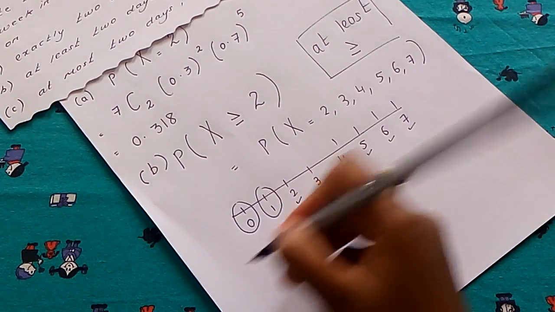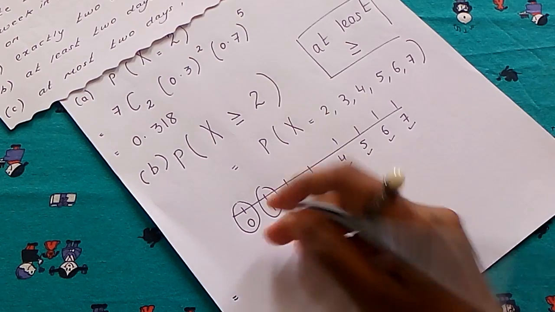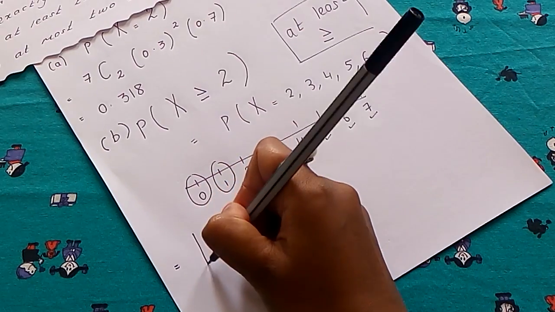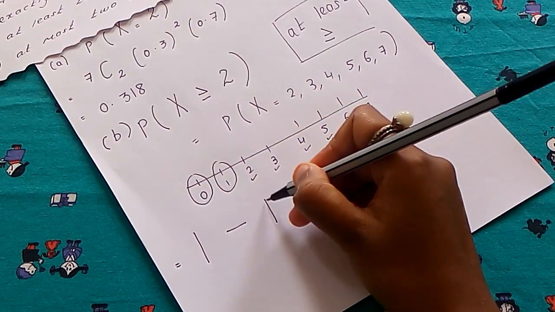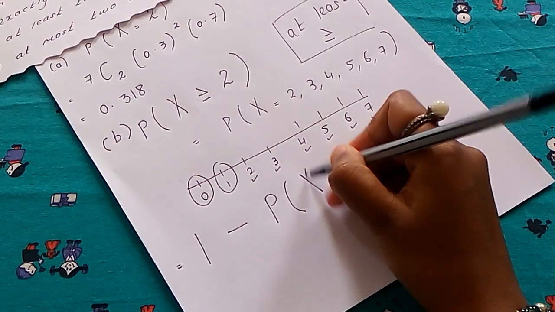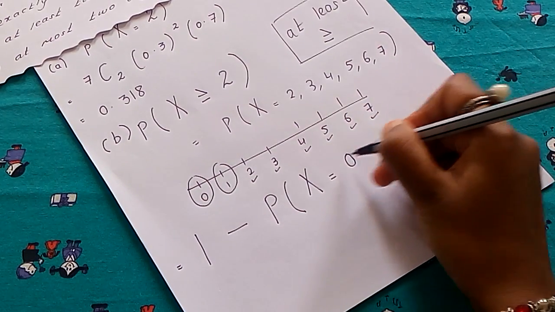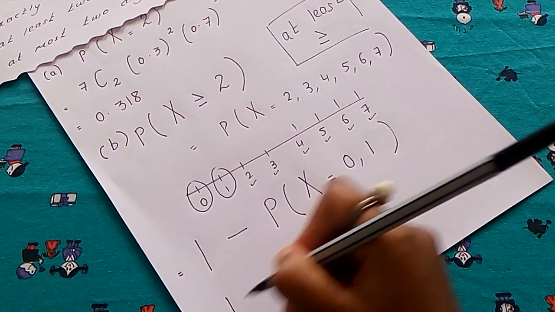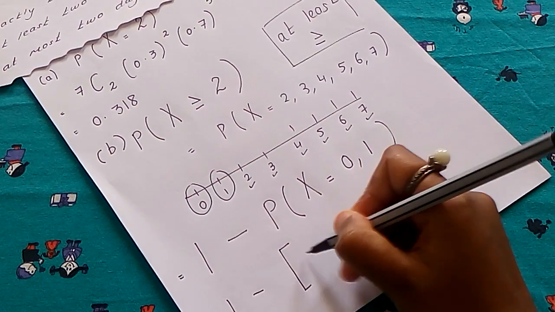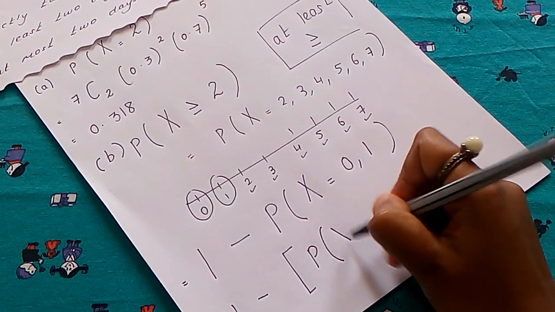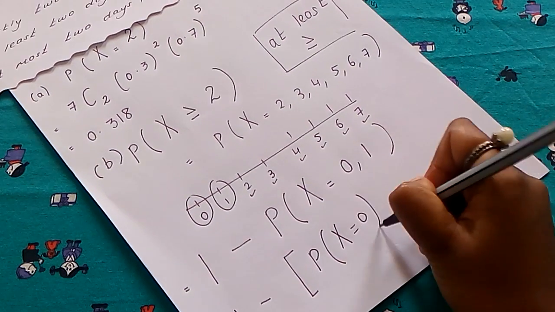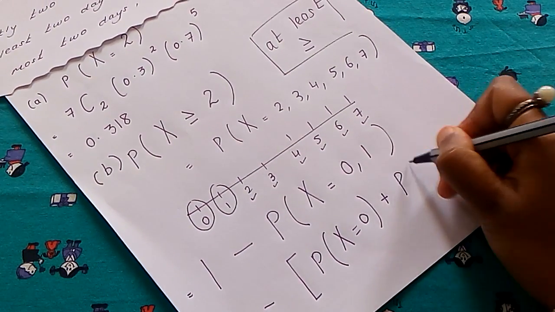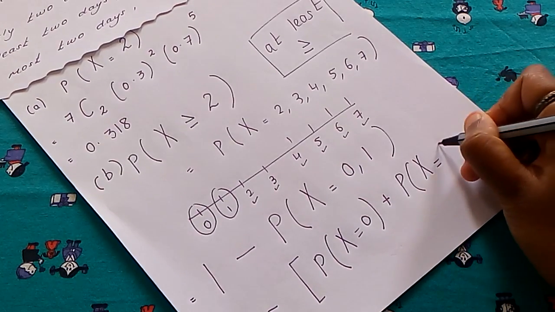So we simply take 1 minus the probability of X is equal to 0 or 1. That is 1 minus, open bracket, probability of X is equal to 0 plus probability of X is equal to 1.